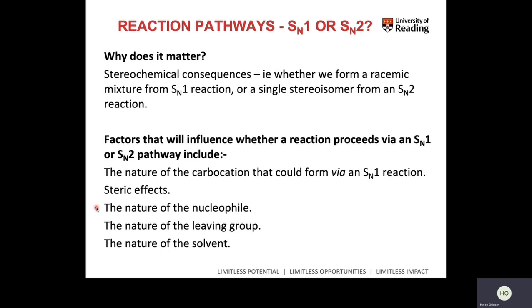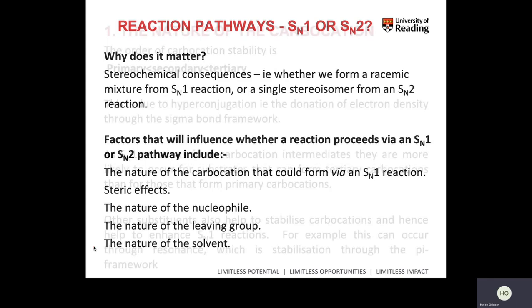It's that species which is involved in the reaction. We're going to look at the nature of the leaving group, that's the group that breaks off of the substrate. And we're going to look at the nature of the solvent, the medium in which we dissolve our reactants to get the reaction to occur. So we look at these one after the other.